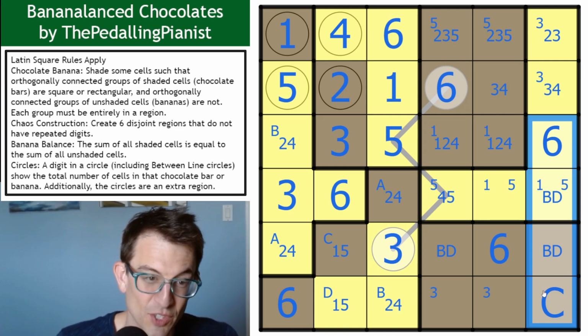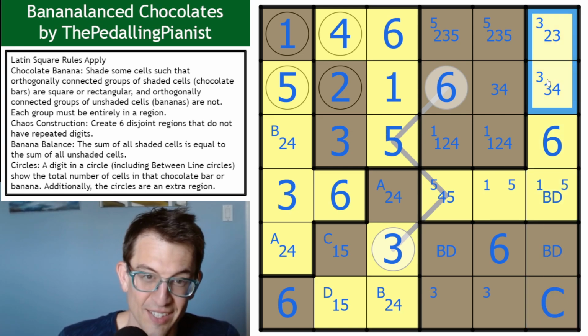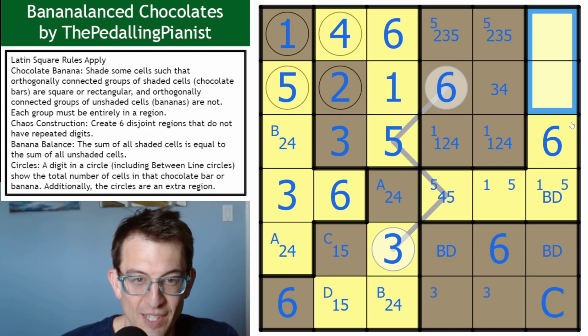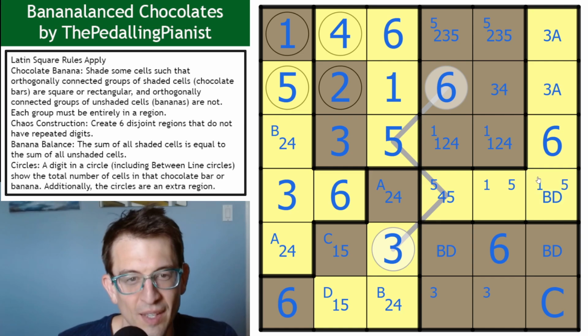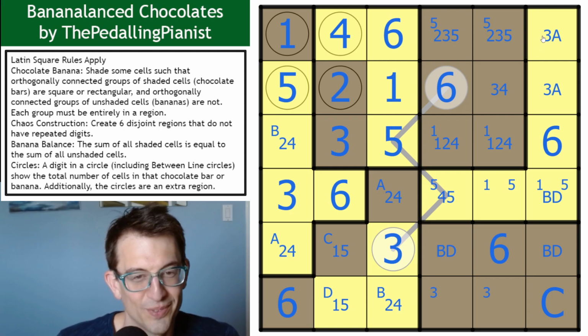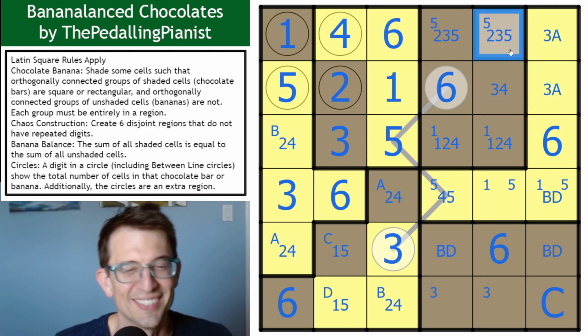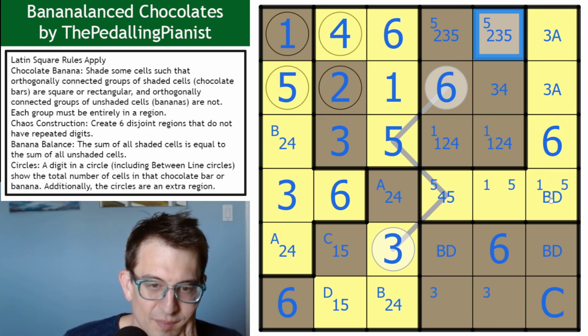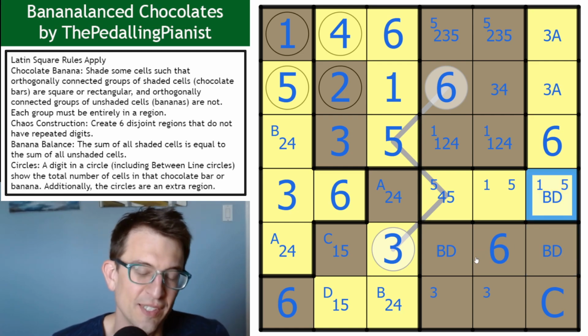What I'm left with is 3 and A. So A is up here with 3. Maybe I should do that. This is a 3A combo. Bring the yellow back. This is so confusing. And so this one is this one.